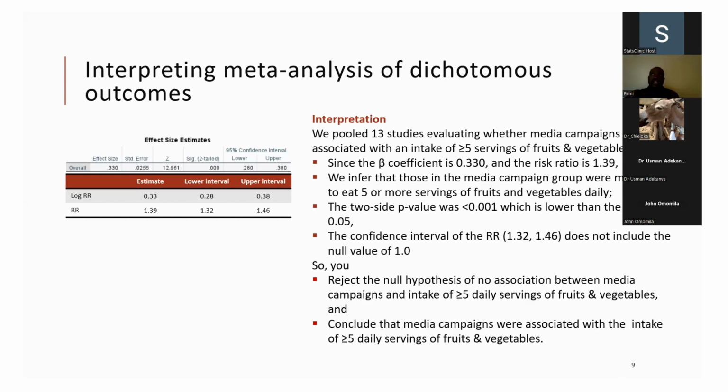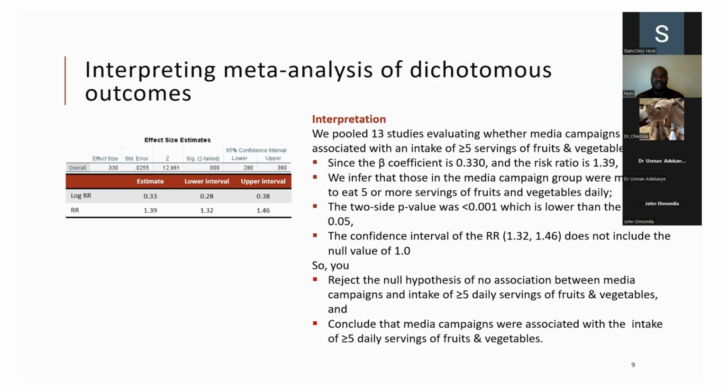Because you are dividing one figure by another, if your confidence interval includes 1, let's say your confidence interval is 0.28 to 1, it means that it has already included the null value of 1. So an actual relationship might not exist between media campaigns and taking greater than or equal to 5 servings of fruits and vegetables daily.